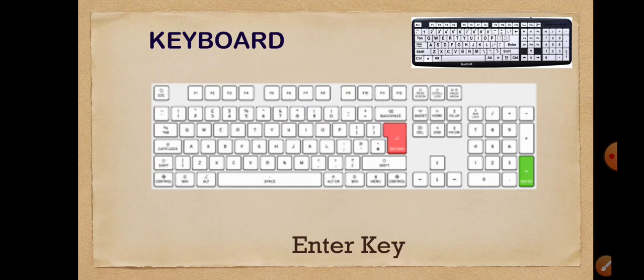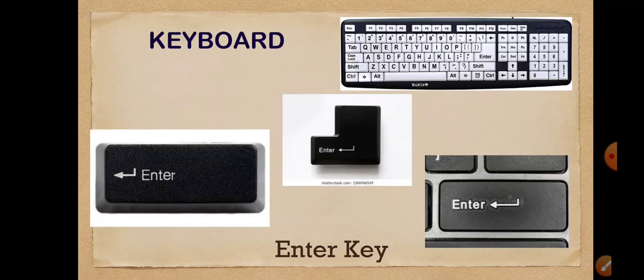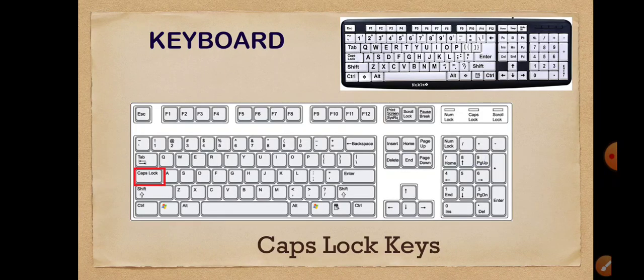Another type of keys on keyboard are enter keys. Enter is written on them or printed on them. These are used when we want to enter into some file or folder, or when we want to come to the new line. There are several types of enter keys which you can see on your computer. Next is caps lock.